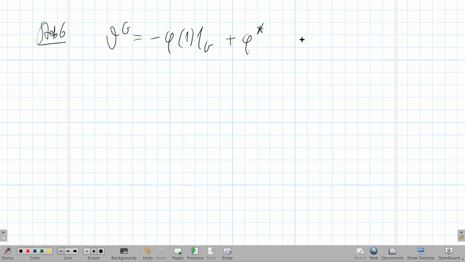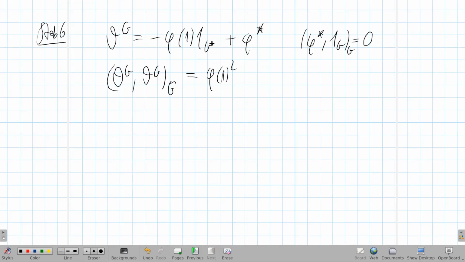Plus phi star, where what's important is that 1_G does not appear in phi star. So when we consider the inner product of theta^G with theta^G, again, 1_G and phi star are orthogonal. So we'll obtain a phi(1) squared here, okay, orthogonality relation, 1_G, 1_G, the inner product is 1, plus phi star, phi star.